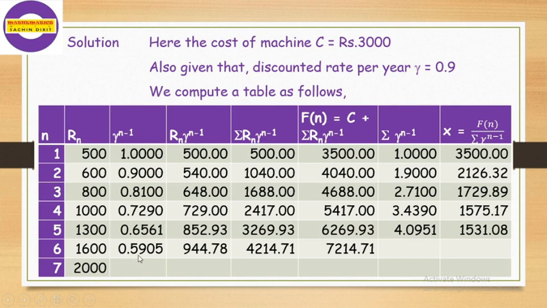Then to find the sum of gamma raised to n minus 1 for n equals 6, we add this 0.5905 to 4.0951, we get 4.6856. To find the average cost at the 6th year, we divide 7214.71 by 4.6856, we get 1539.77.